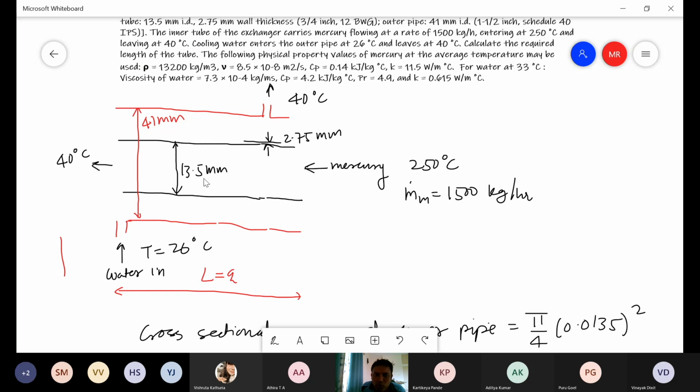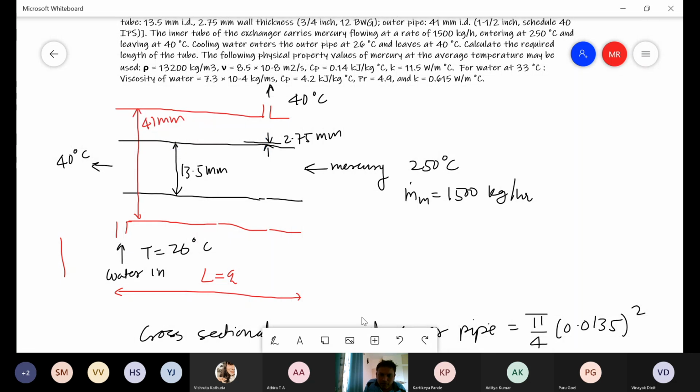The outer diameter of the inner pipe is going to be 13.5 plus the thickness of this pipe, isn't it, which is 2.75 on the up, and on the downside there will be again 2.75. So this length here is going to be 19 mm, isn't it? 13.5 plus 2 into 2.75. So 2 into 2.75 becomes 5.5. So if you add 5.5 to 13.5, that becomes 19 mm.